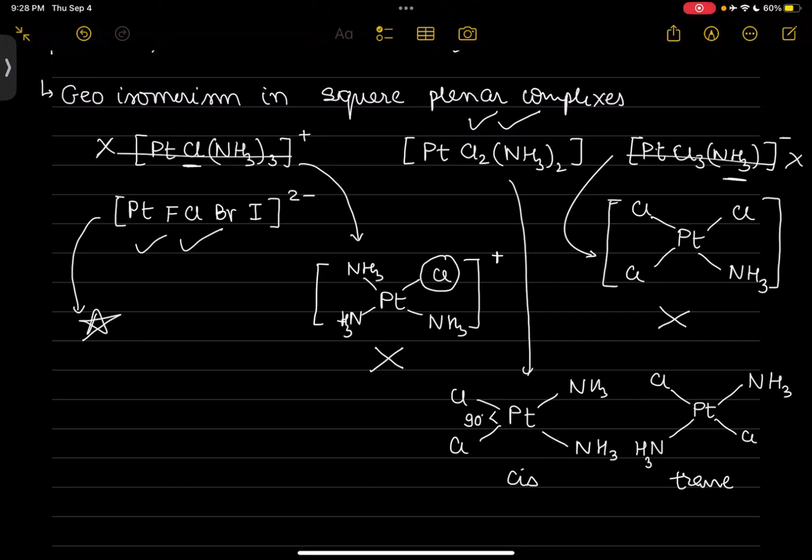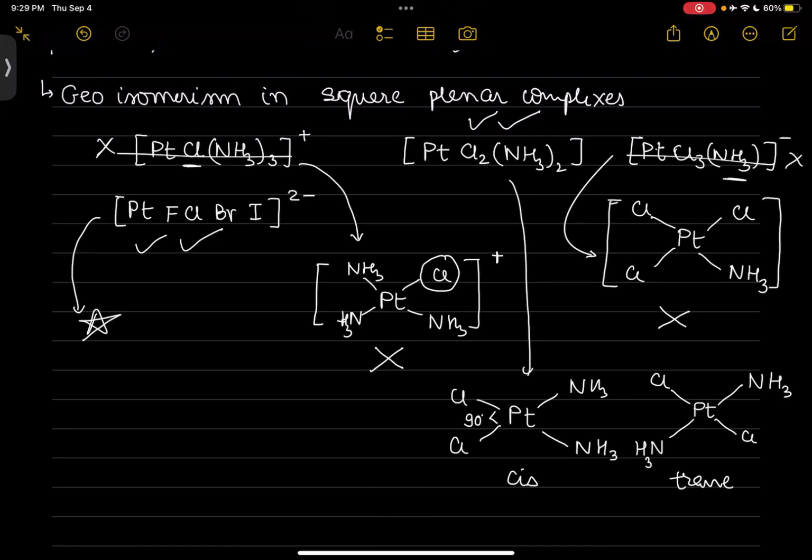It is a square planar complex with all four ligands different from each other. Draw them, compare their angles, and make sure you don't draw them twice or miss some of the isomers. Got it?